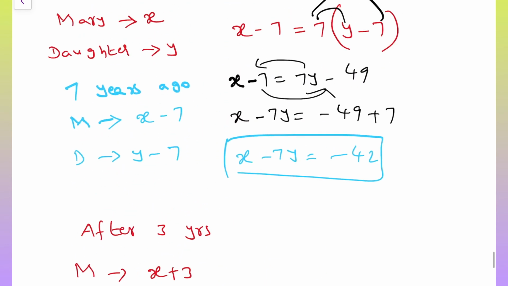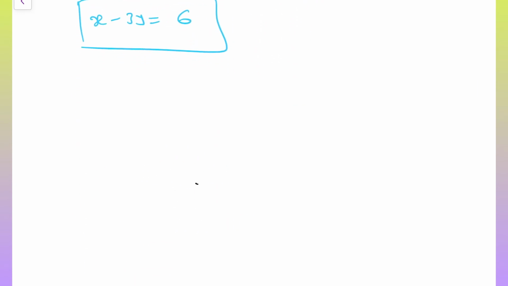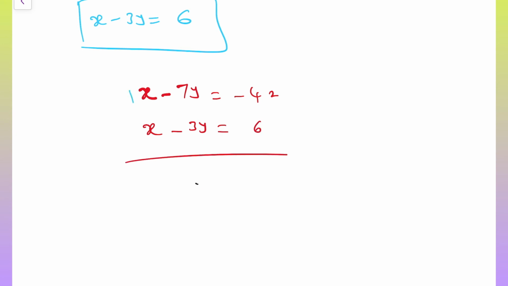Let us write first equation as well as second equation together. First equation is x minus 7y equals minus 42, and the second equation is x minus 3y equals 6. Both x coefficients are 1 only and that too with the same sign, so we need to do subtraction.